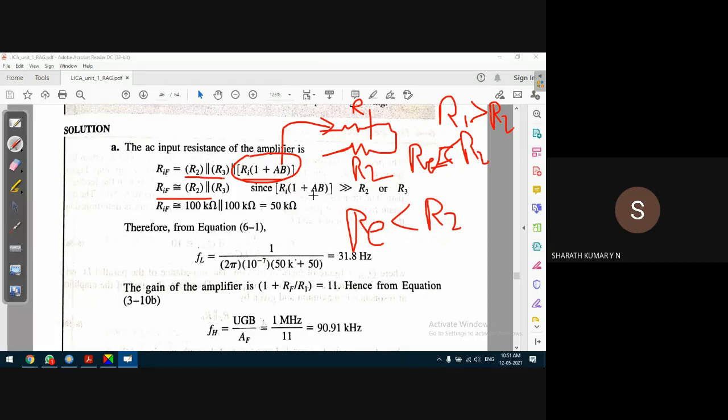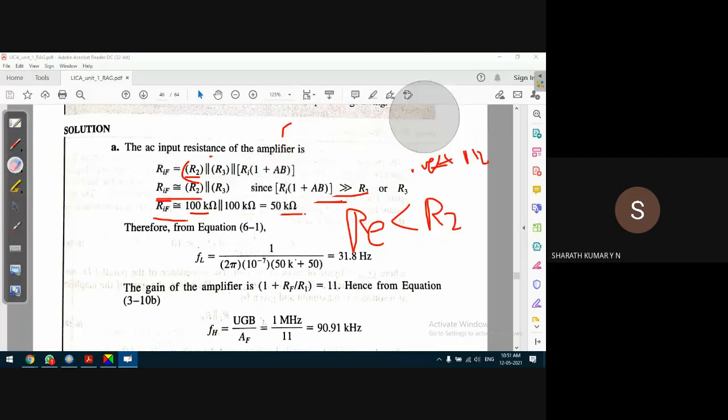So the effective resistance is approximately equal to R2 parallel R3. Since Ra into 1 plus AB is a very large quantity, it's not even comparable to either R2 or R3. R2 parallel R3 is 100 kilo ohms parallel 100 kilo ohms, which gives 50 kilo ohms.